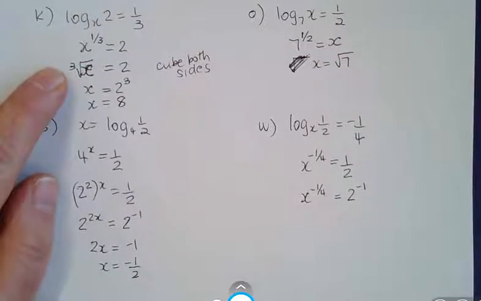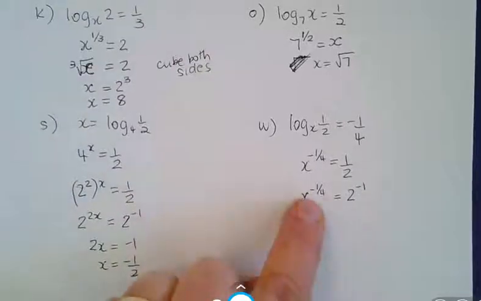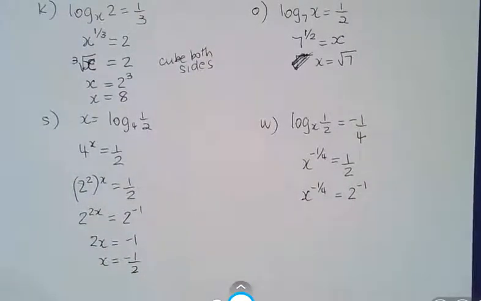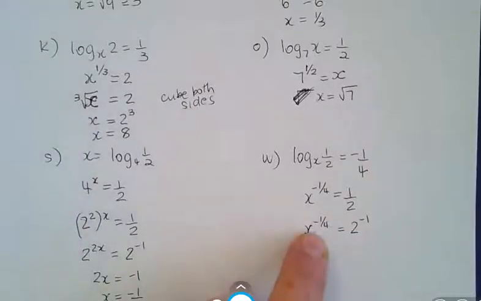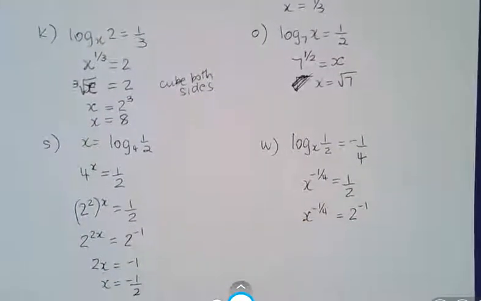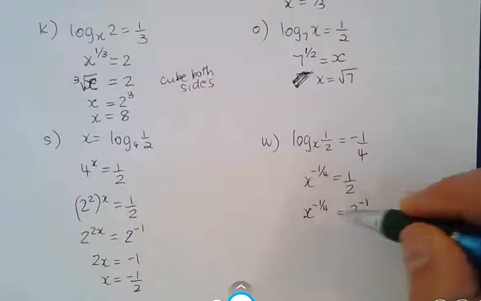How am I going to get rid of this? Couldn't you do the same thing to both sides? Why don't I just take the power of 4 to both sides? You know, here I cubed both sides. I want to get rid of this quarter. I don't even think it's going to help to write negative 1 over 2 squared.